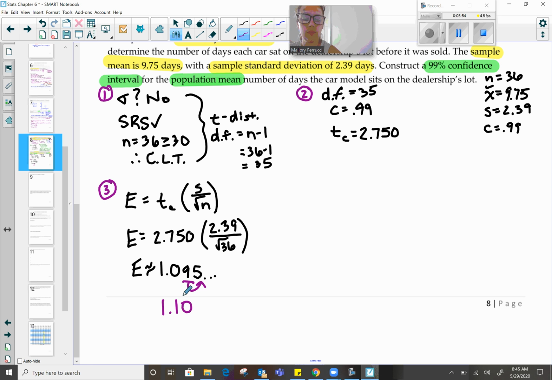1.10. Okay, now I can make my confidence interval. So it's the population mean that we're doing.